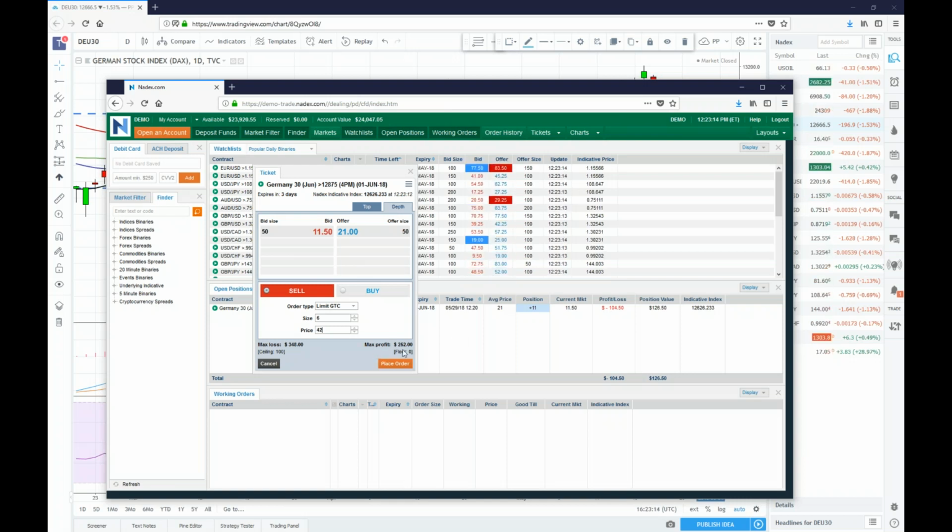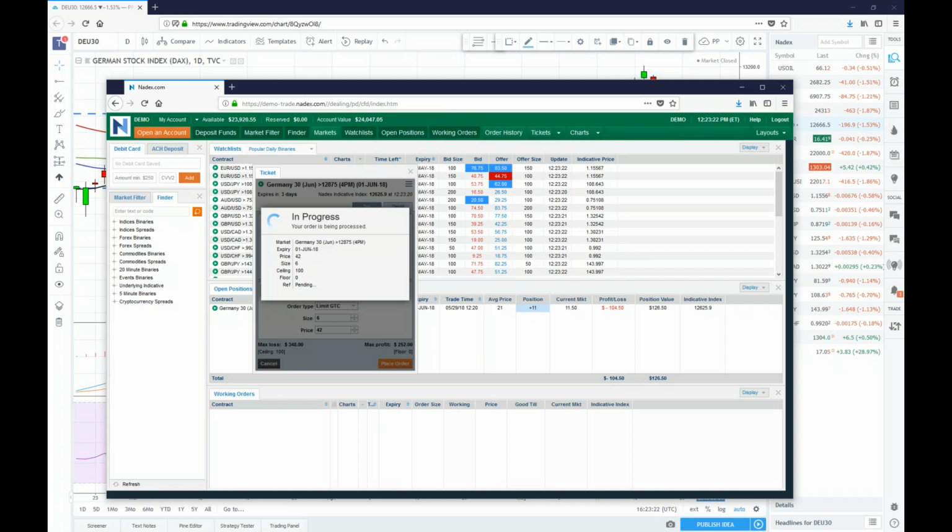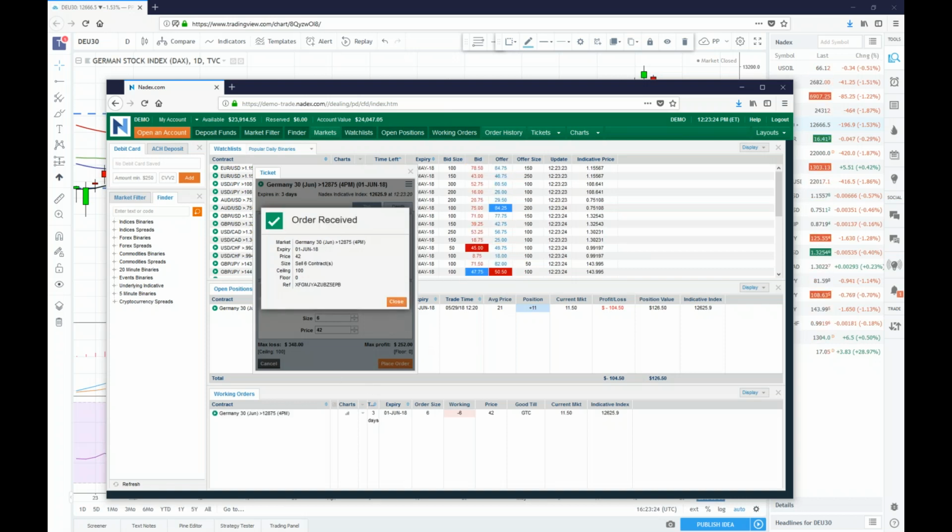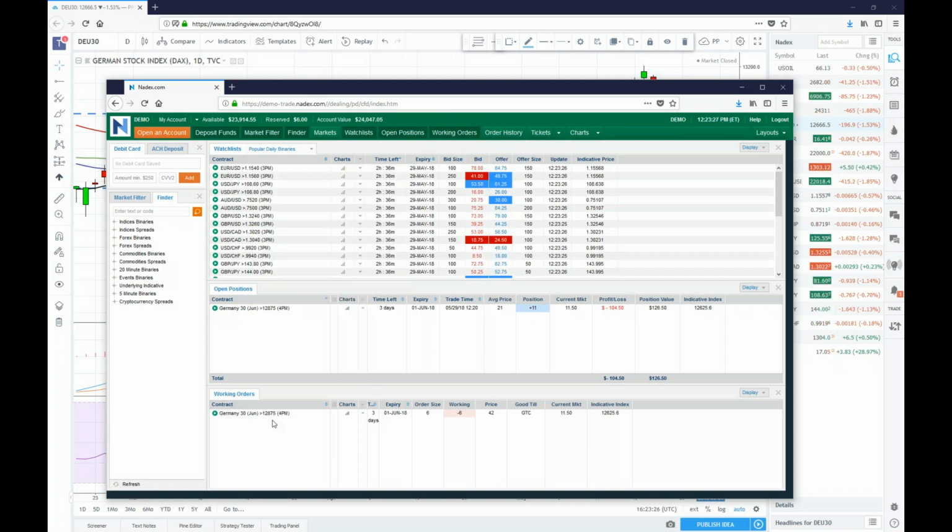Now you can see my maximum profit here on that transaction pretty much locks in that profit that I would still have as a risk on those other contracts. So putting that order in here, you can see I now have a limit order sitting here. I want to sell 6 of my contracts for a price of 42.